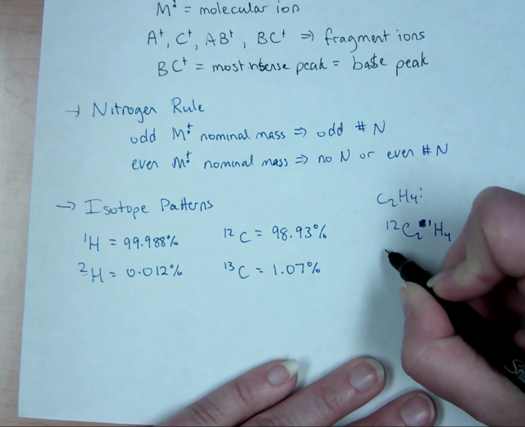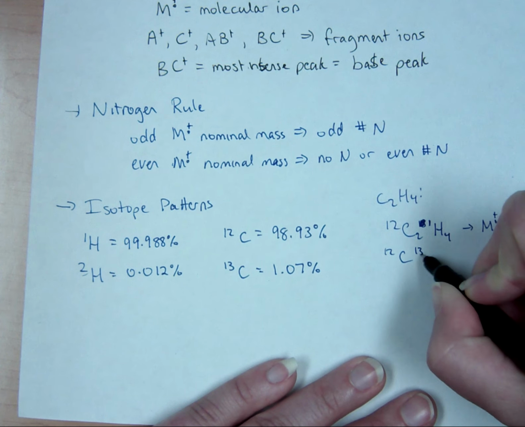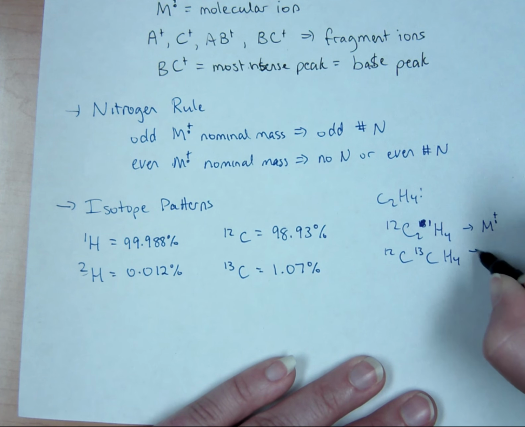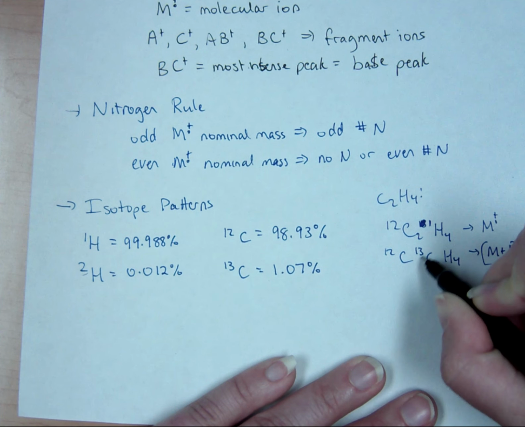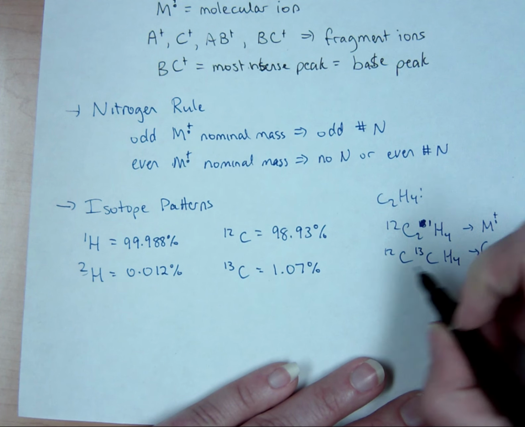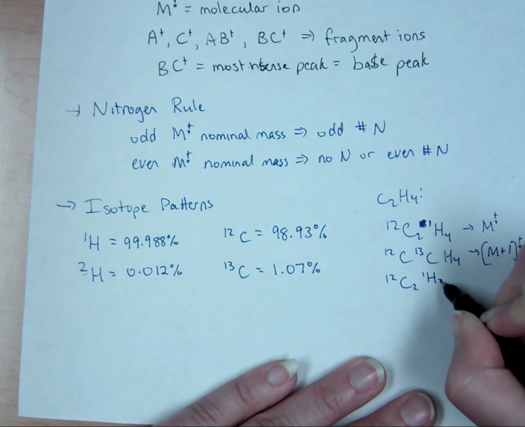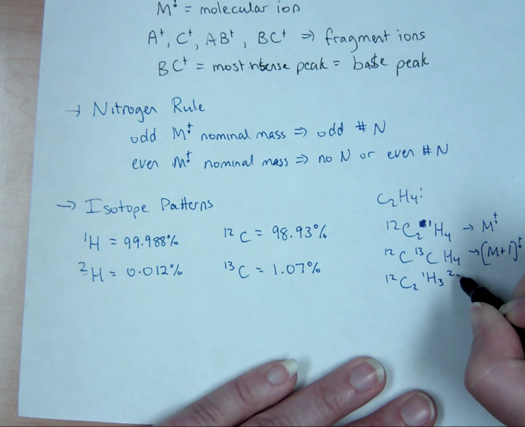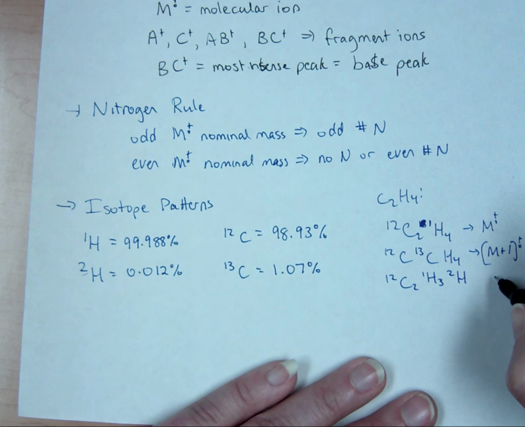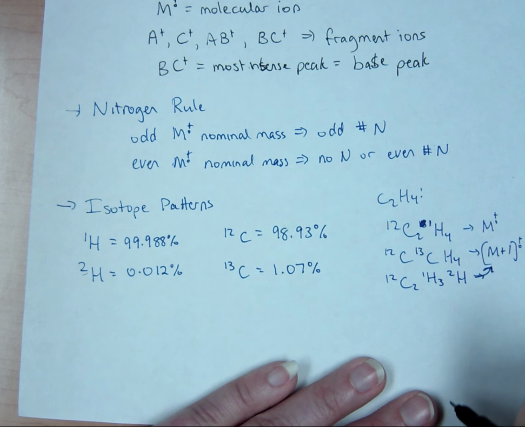Now if we switch one of those carbons for a carbon 13, now we have an M plus 1, because we're one higher. We could also get this by having all carbon 12s, and 3 of our hydrogens are hydrogen 1, and one of them is deuterium. This would also lead us to an M plus 1.